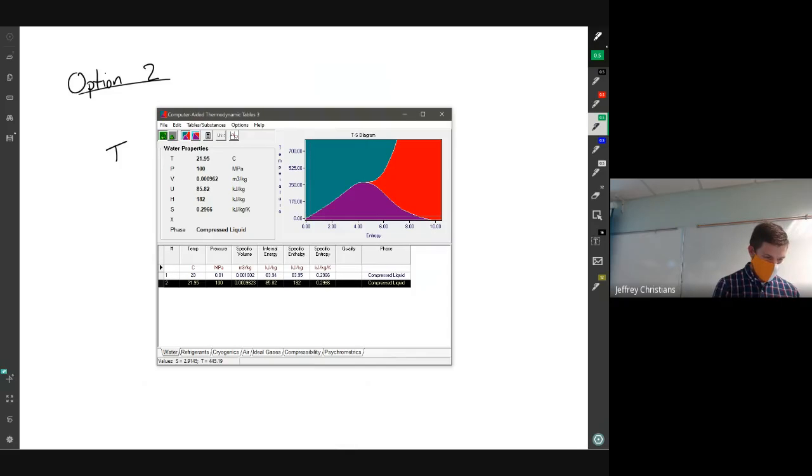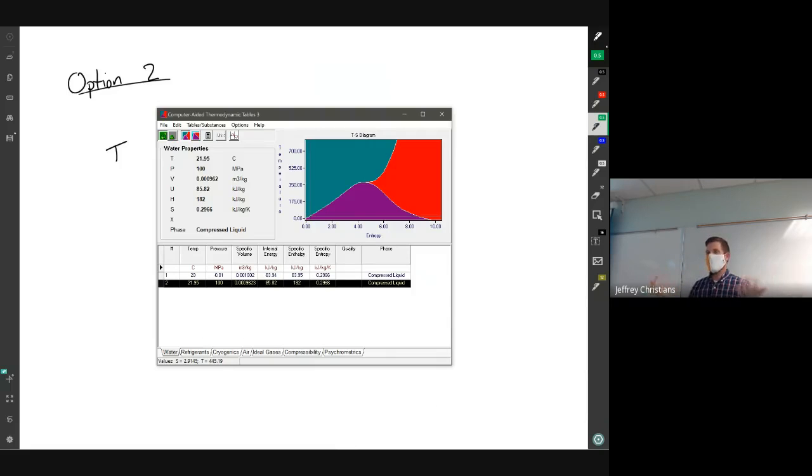And let's see what happens to our temperature. Coming into our pump, our liquid had a temperature of 20 degrees, and we compressed it 10,000 times, and coming out of our pump, our liquid has a temperature of 21.95 degrees. So we got 2 degrees.